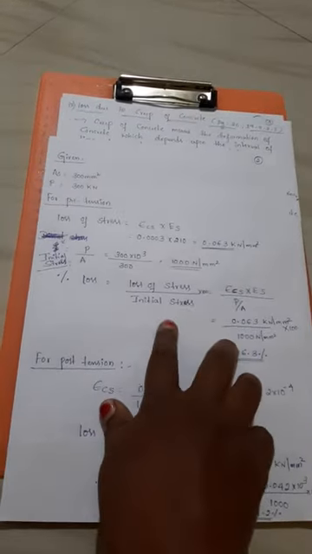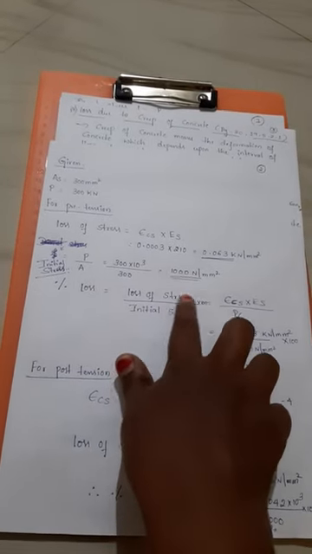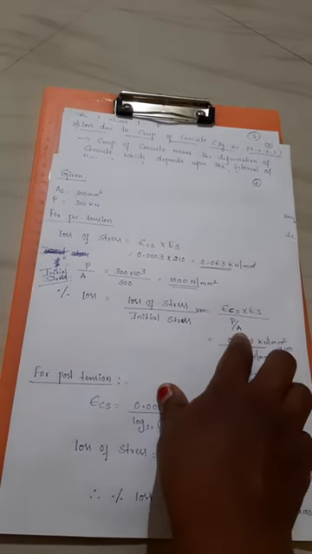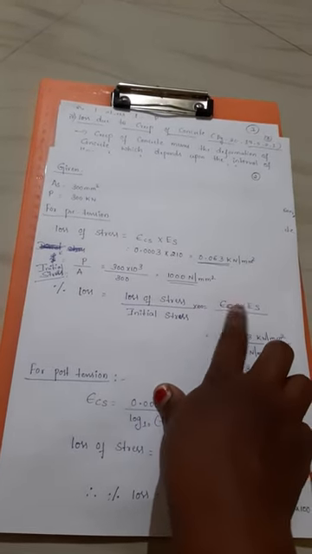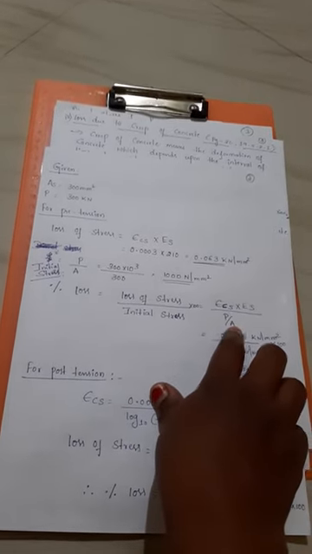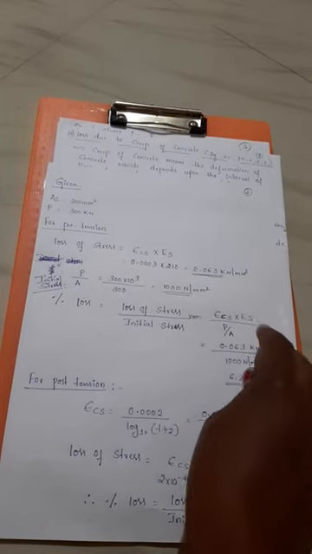So what is this percentage of loss? Same as your shrinkage of the concrete, what you have done, no? The percentage of loss equals loss of stress divided by initial stress. Initial stress is nothing but P by A. P is also known and A value is also known. So P is how much? 300, and A is how much? 300 mm square. Okay.